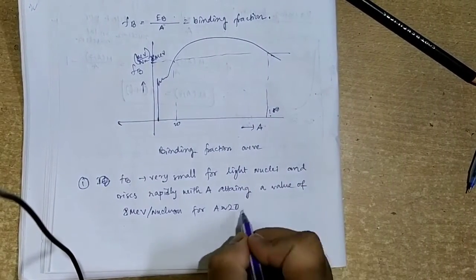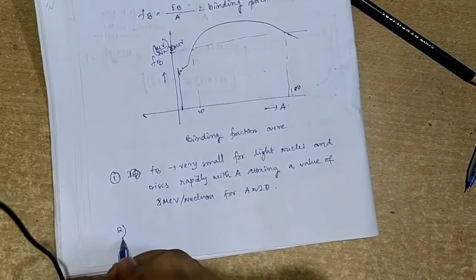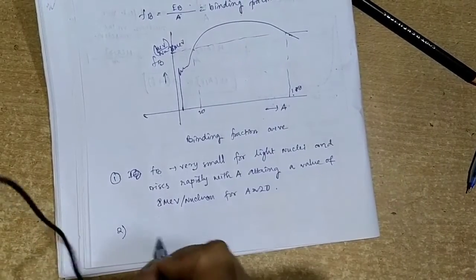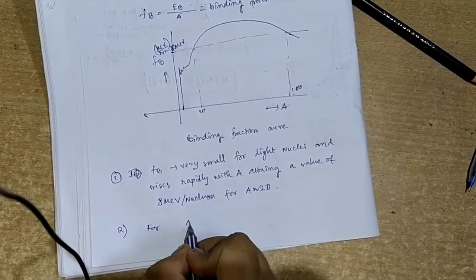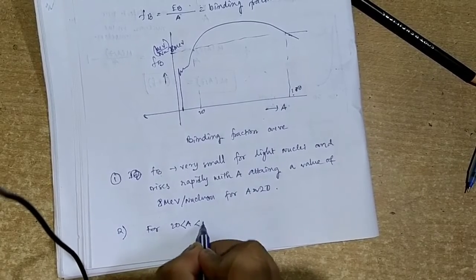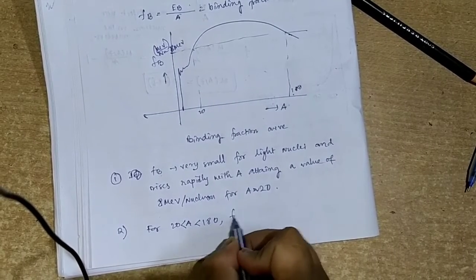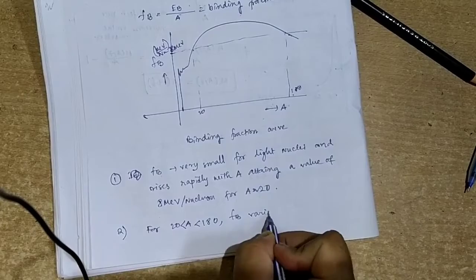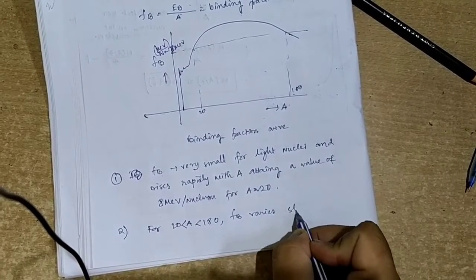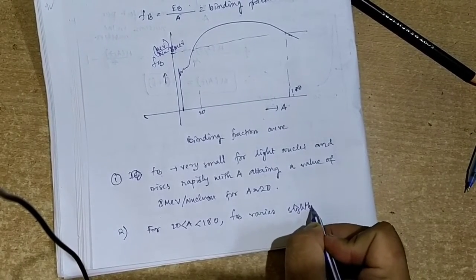Again, the second point is for A greater than 20 and less than 180, FB varies slightly. Clear?